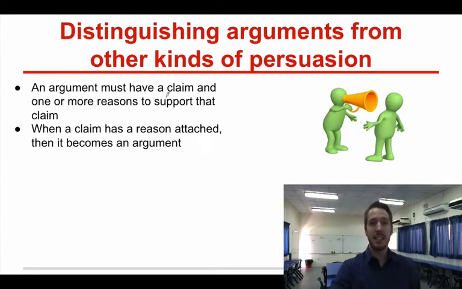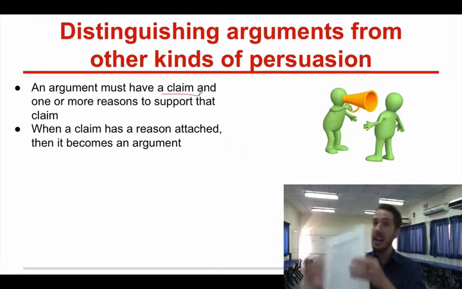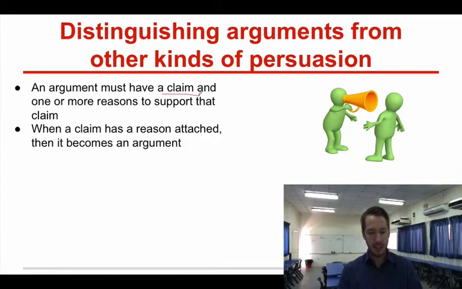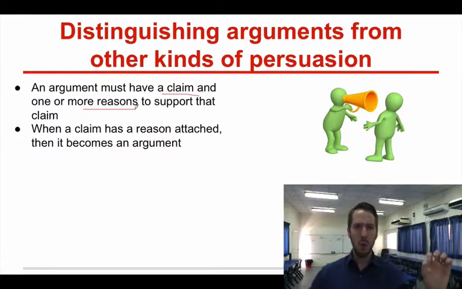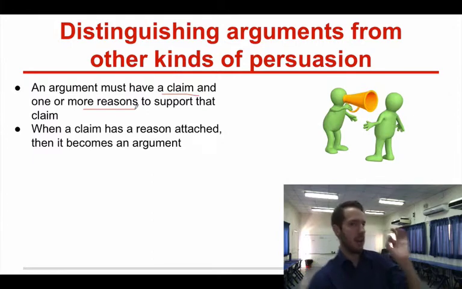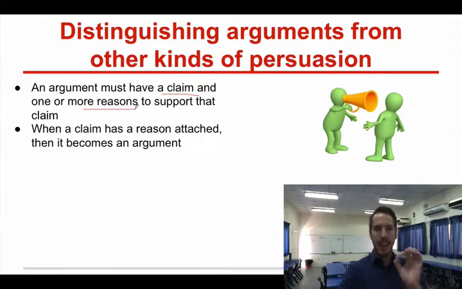An argument is a claim, which again, if we're looking at our AP glossary, a claim is a statement made about an issue that asserts a perspective. However, you need reasons to support that claim. Now, when you have that reason, that's really the crux of creating an argument.